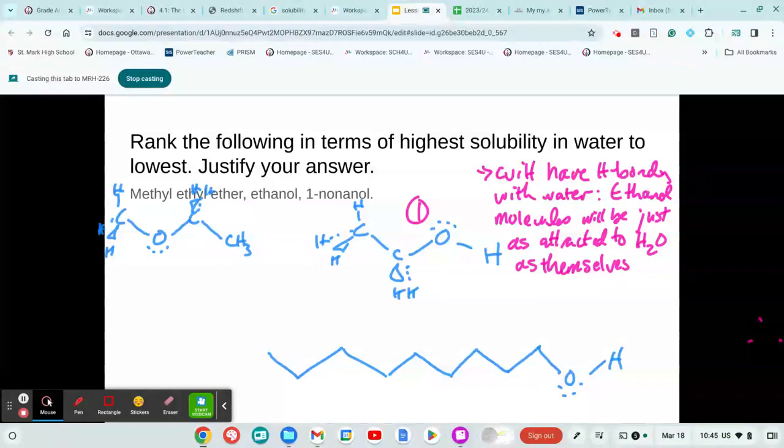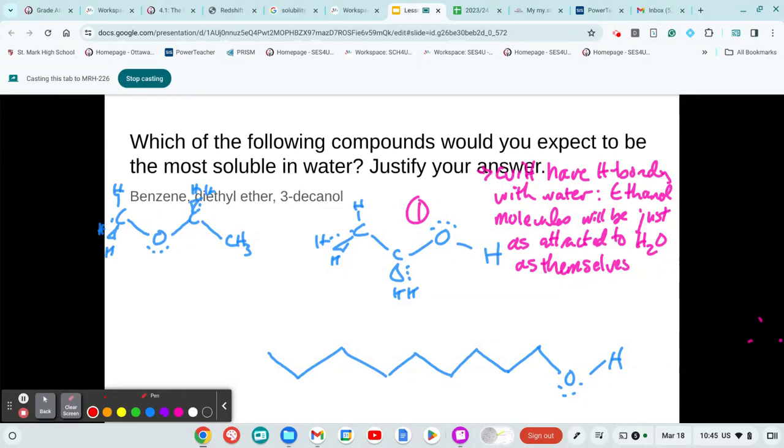It's going to form hydrogen bonds with itself. So this part's polar. What about the second half of this molecule? Is this side of the molecule polar? That side's non-polar.